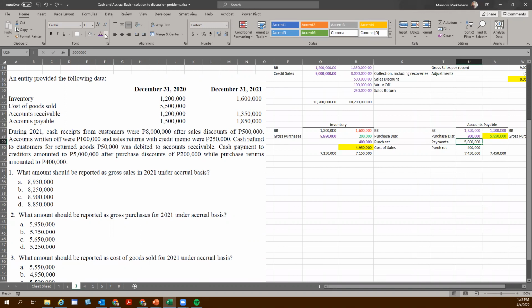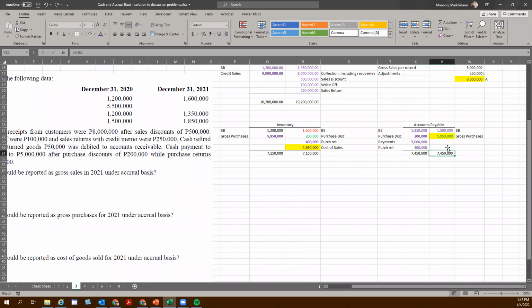So that's 5 million. And then purchase returns of 400,000. So everything is given. So we just get the sum. So that's 7,450,000. So that's also the balance on the other side. We have 1,500,000 there.